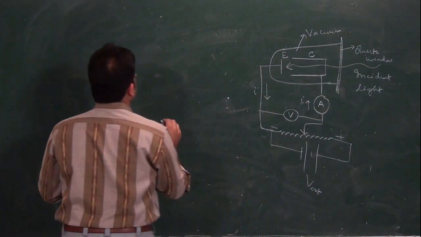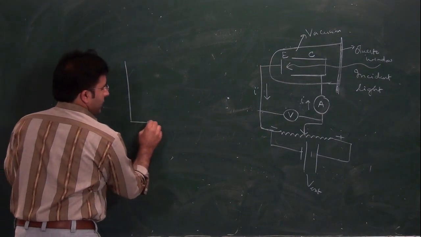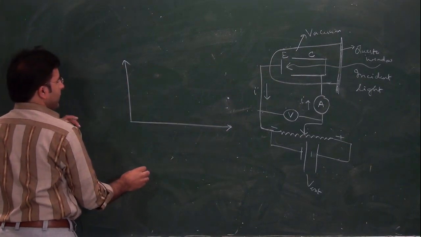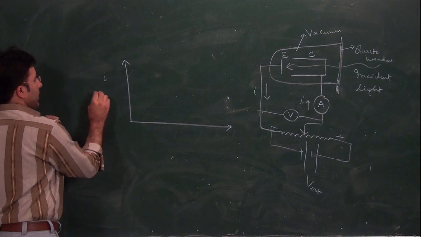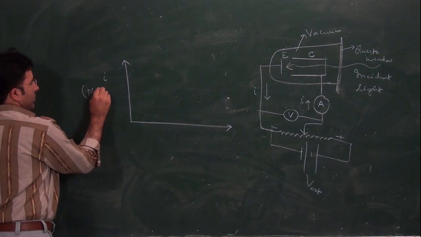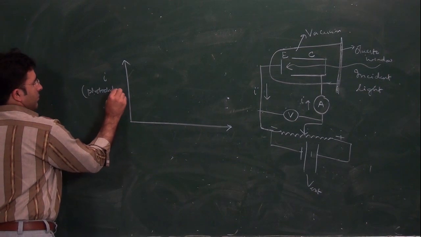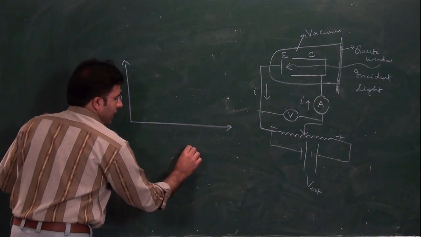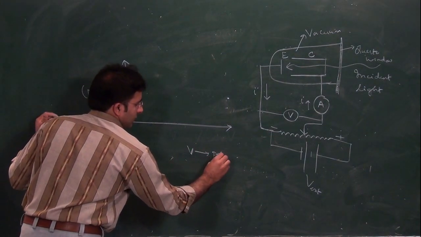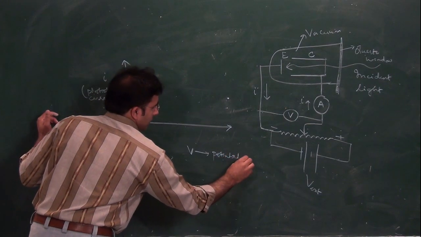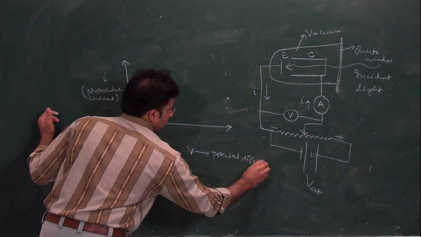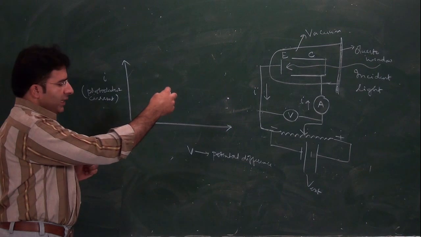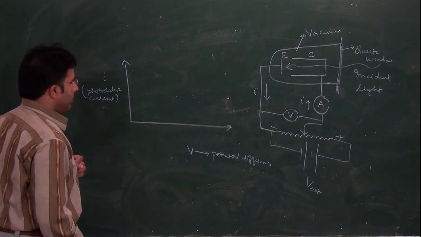One result is indicated by this graph. What is this graph? This graph is photoelectric current I versus voltage, the potential difference across emitter and collector, which includes the contact potential as well as the externally applied voltage by the battery.